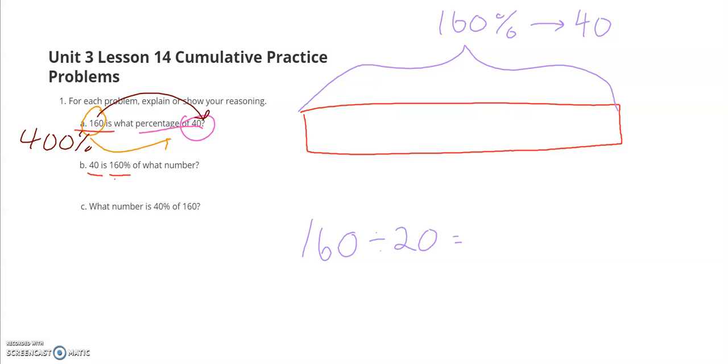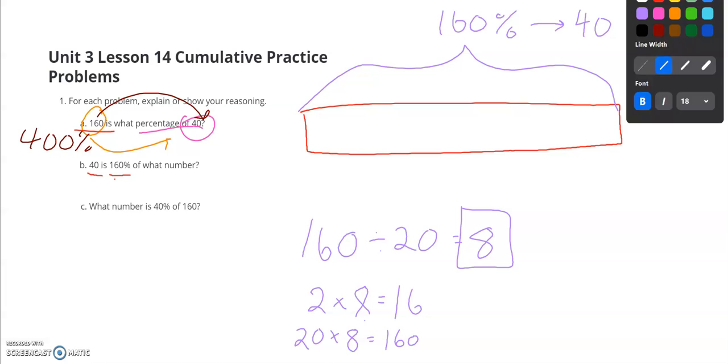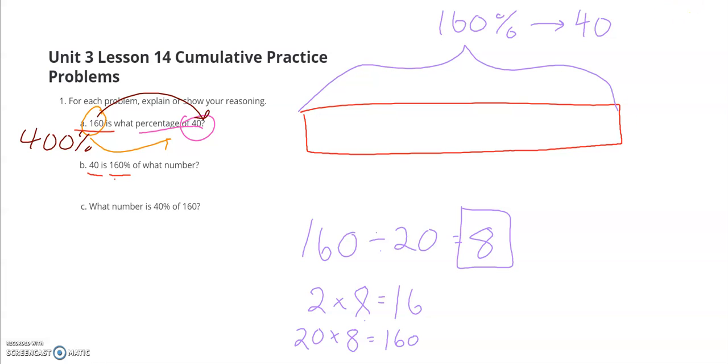I know that 2 times 8 is 16, so 20 times 8 is 160. So if we're breaking up 160 into pieces where each piece will have 20, then 8 pieces is how many we need. So we're going to split this up into 8 pieces.